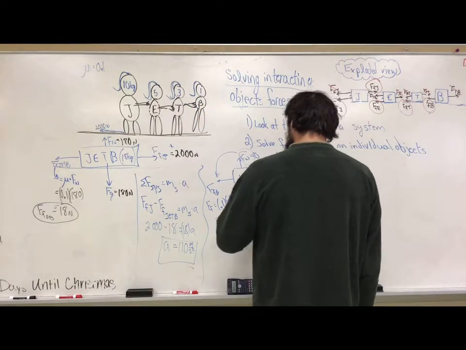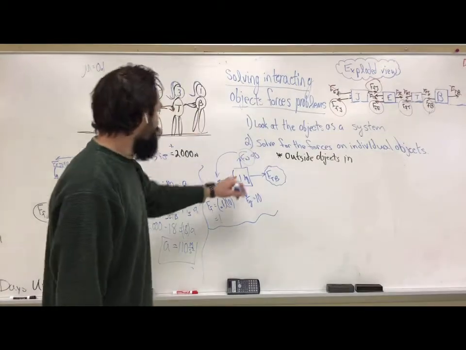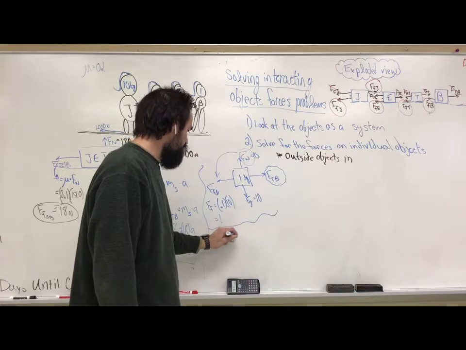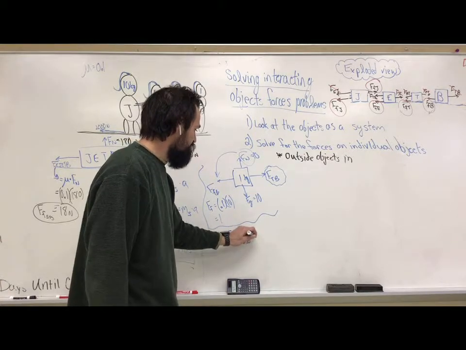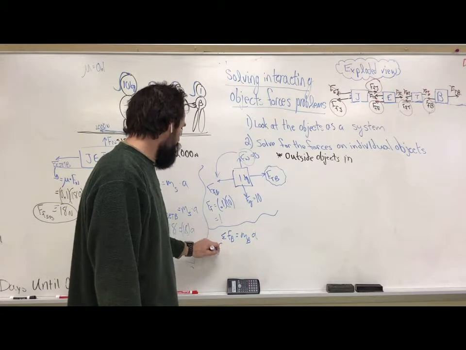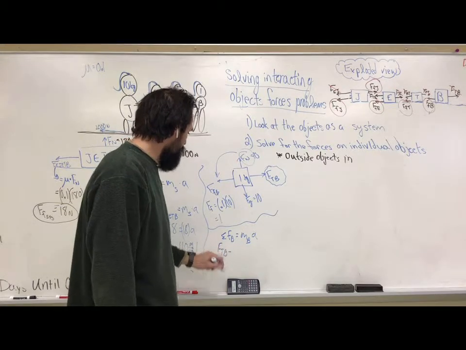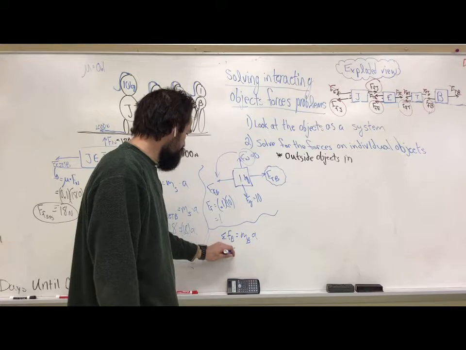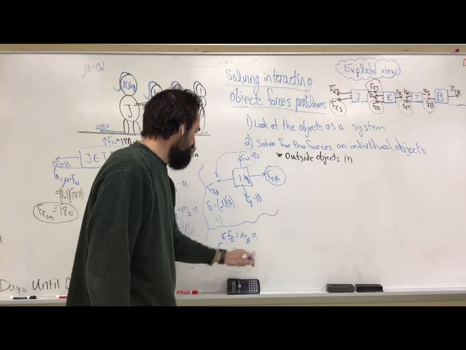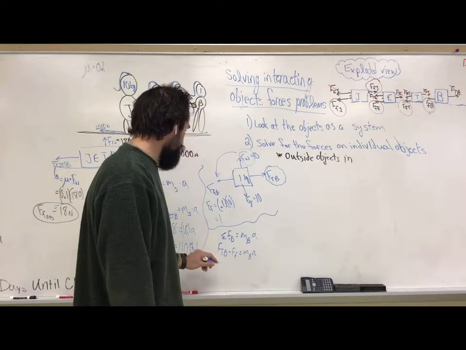So now we can plug it into a net force equation for Bera. So let's come up with a net force for Bera equation. It's the mass of Bera times Bera's acceleration. The net force would be FTB minus the force of friction equals her mass times her acceleration. And at this point, we can plug in numbers.